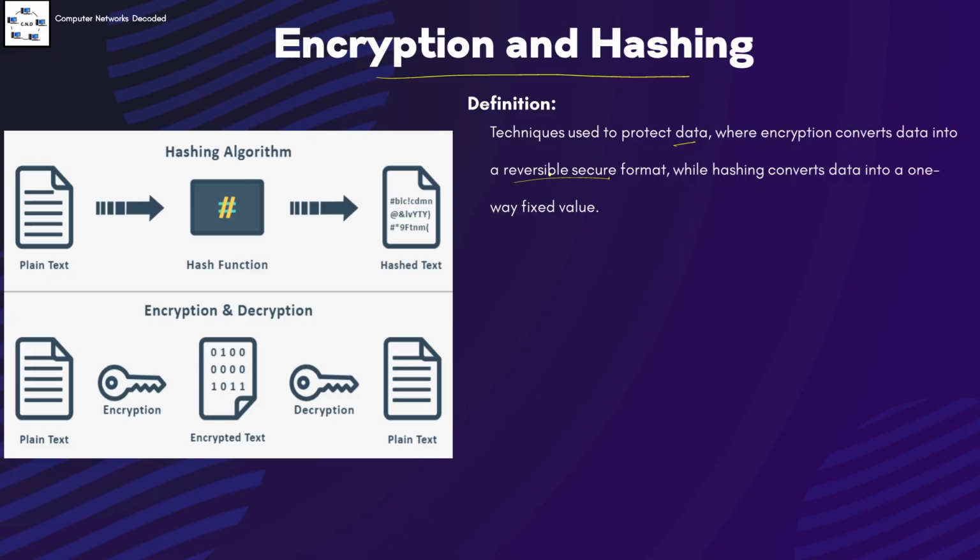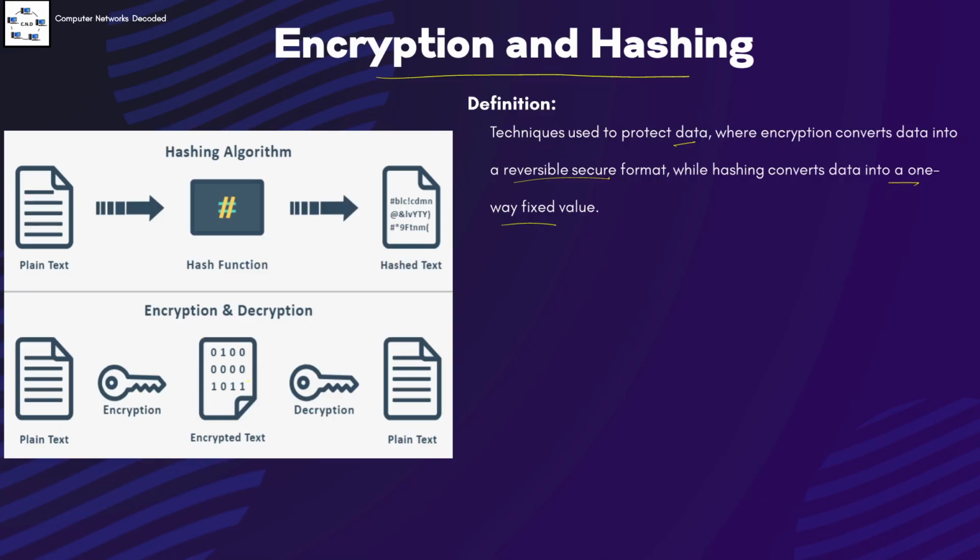This means that when we encrypt data, we can also decrypt it to again get the plain text data, while hashing converts data into a one-way fixed value. So hashing is irreversible. Here we can see it is one way, while encryption is reversible. We have encryption and then we have decryption.